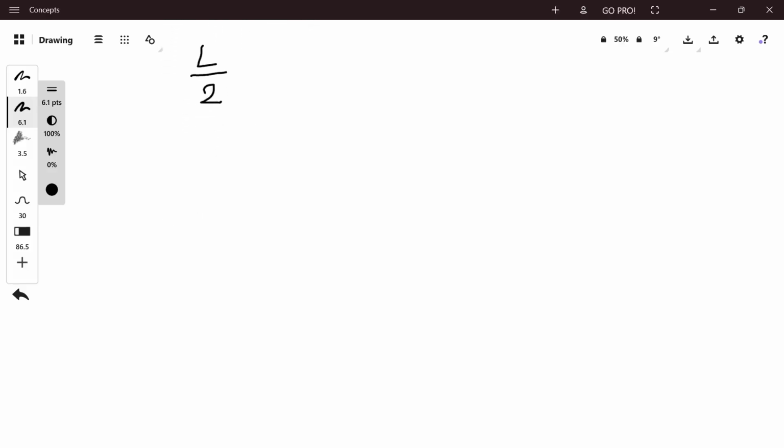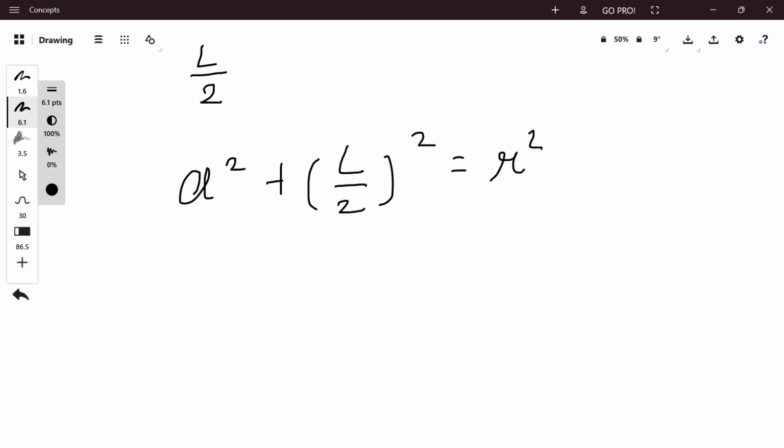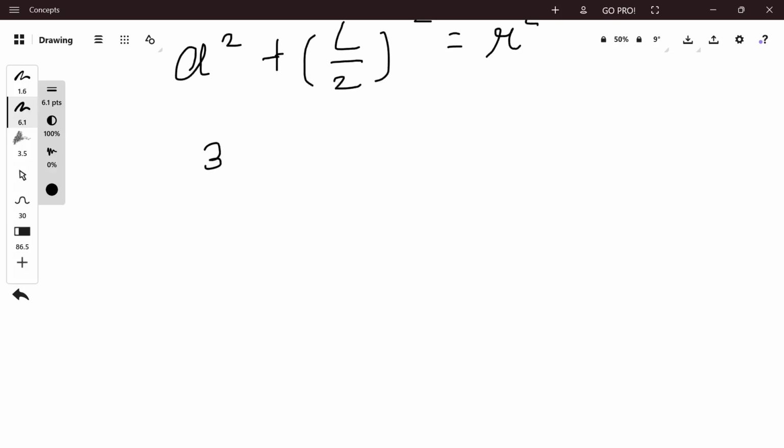Using the Pythagorean theorem, that is d square plus L by 2 square is equal to r square. Substituting the given values, we have 36 plus L by 2 square is equal to 100.